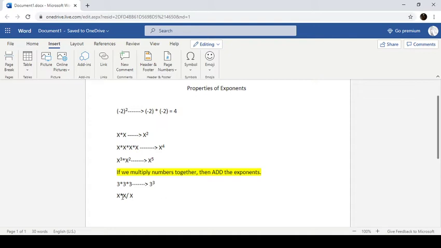So we have x times x divided by another x. These cancel, and we're just left with a single x, x to the first. Here's another way of looking at this, though. x times x we know is x squared.